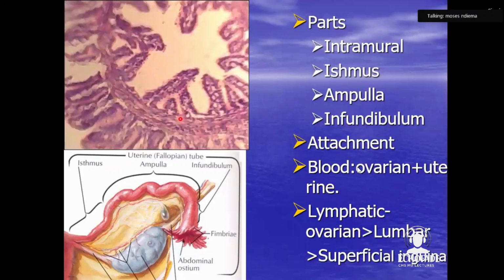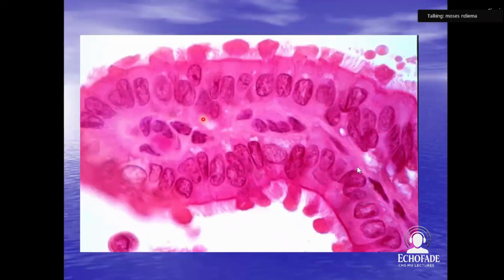This smooth muscle is very important in movement of spermatozoa and movement of the fluid. This movement is by peristaltic activity.